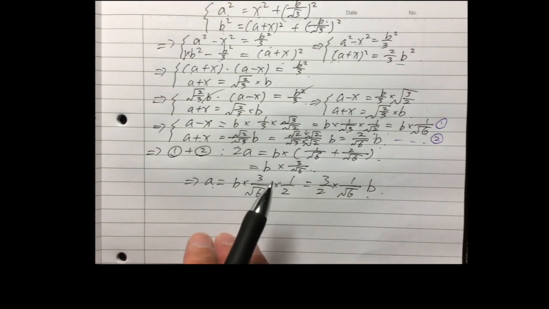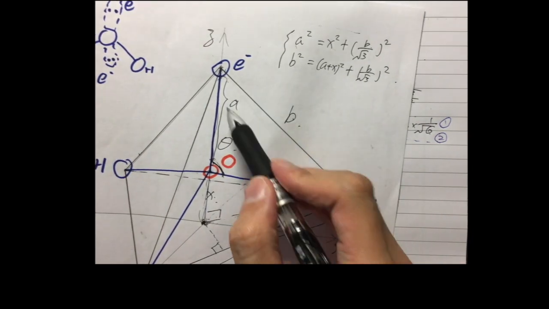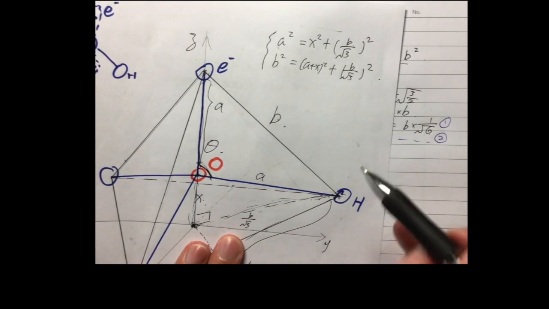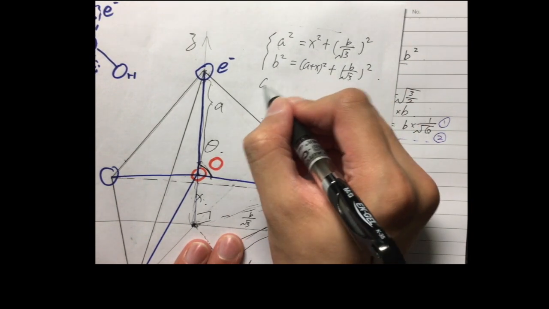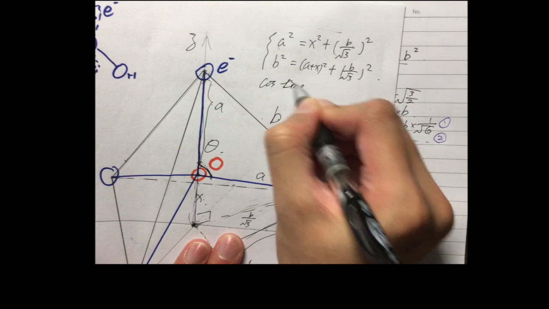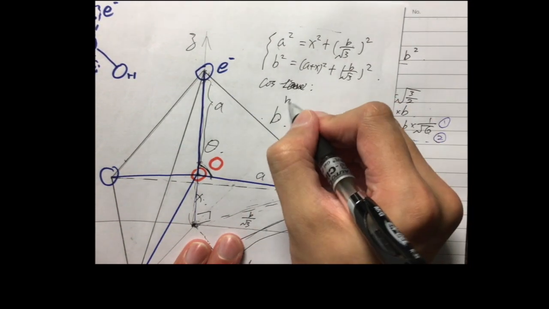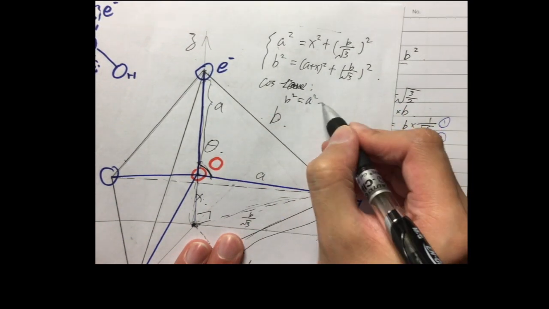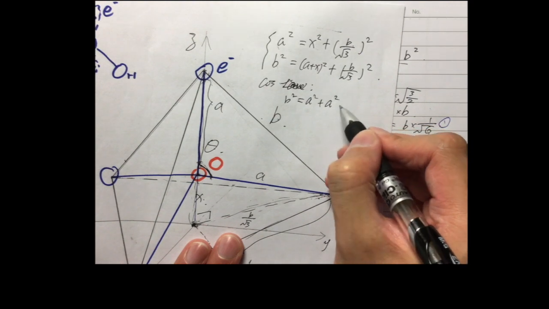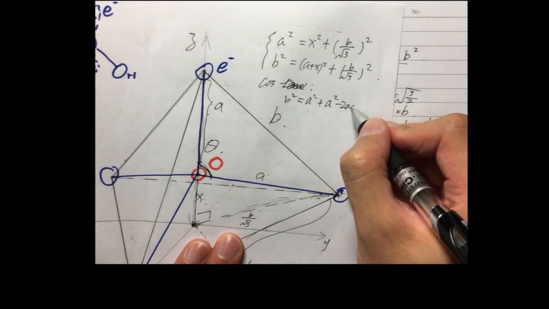And we go back to the graph. For this part, we can establish a relationship between a, b and theta by cosine law, right? Cosine law, which is b squared equals a squared plus a squared minus 2a squared cosine theta.